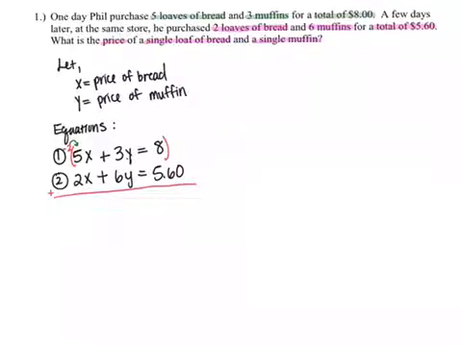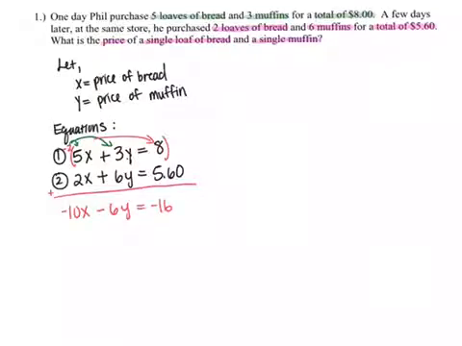Negative 2 times 5x is going to be negative 10x. And then we have negative 2 times 3y, so that's going to give me negative 6y. And then if I multiply negative 2 by 8, that's going to give me negative 16.